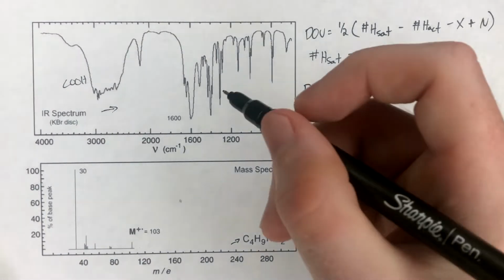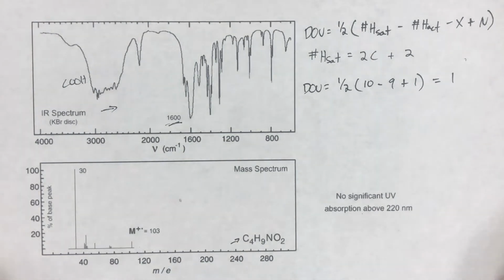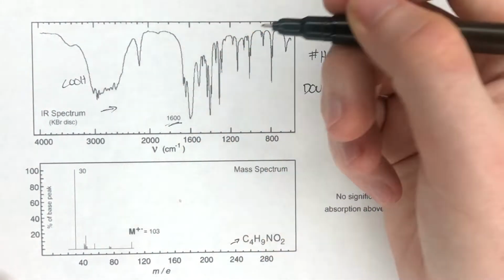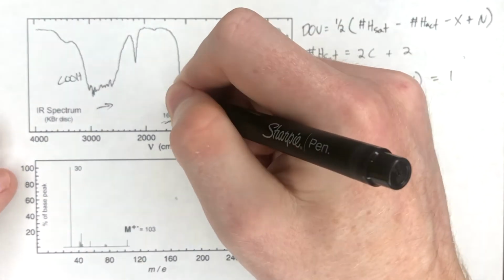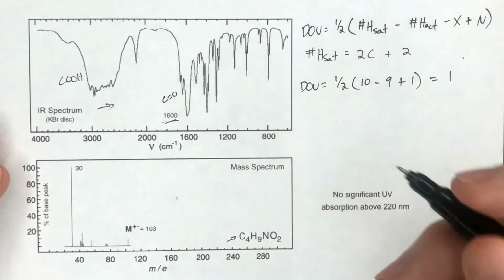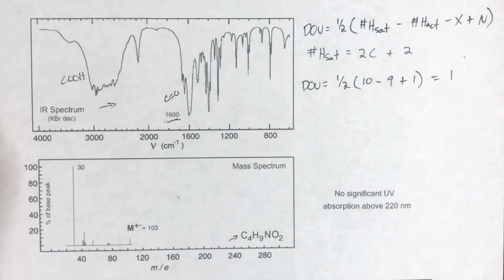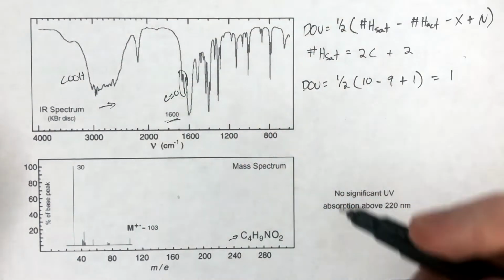Now, it is a little bit confusing as well because we see a 1600 stretch here, which is a little bit too low of a wave number to be a carbonyl. But if this is a carboxylic acid, then we would expect this to also be a carbonyl stretching. And perhaps these are also carbonyl stretches as well.